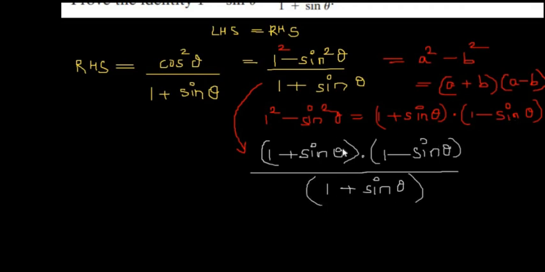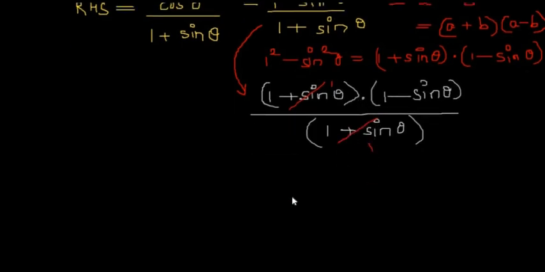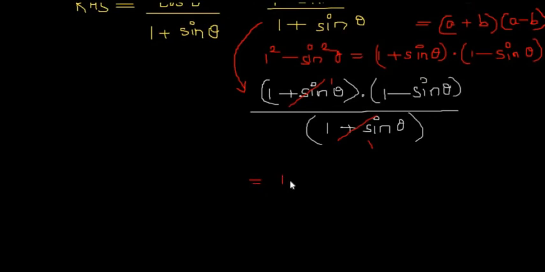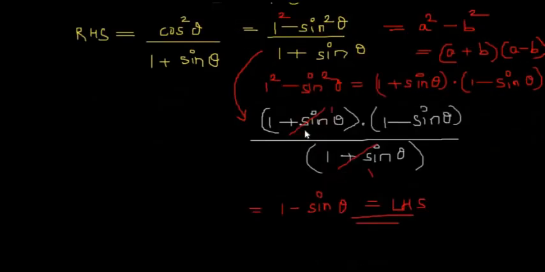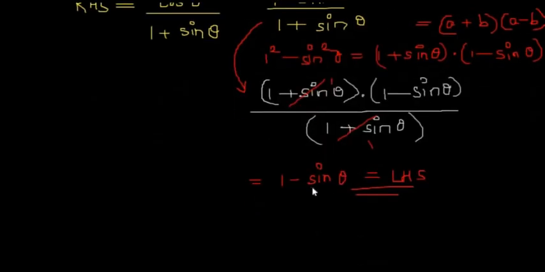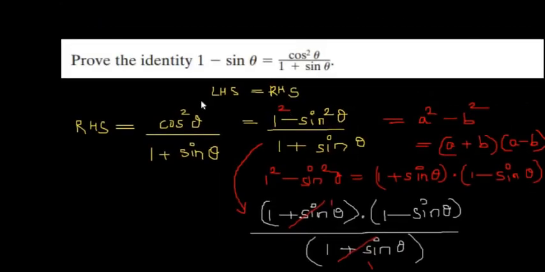Now we can cancel the terms which are common at the numerator and the denominator, and we are left with 1 minus sine theta in the numerator, and this is the LHS they had told us to show. 1 minus sine theta, 1 minus sine theta. So you can always use LHS to solve, or you can use RHS also. Use the one where there are more terms.